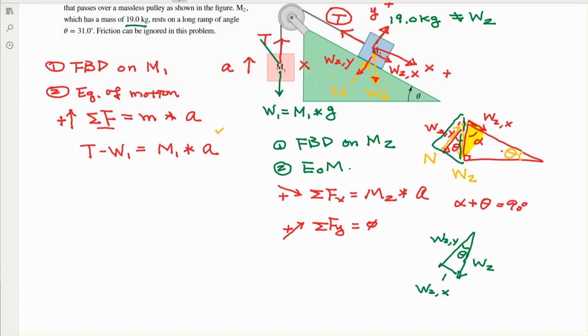So what is the W2x? It's the opposite side of the angle, which gives you W2 sine theta. This one is the adjacent side of the angle, which gives you W2 times cosine theta.